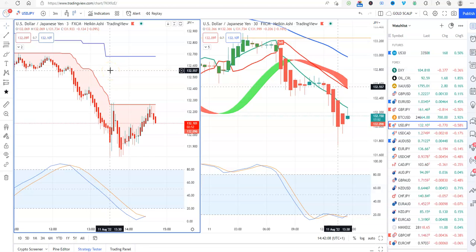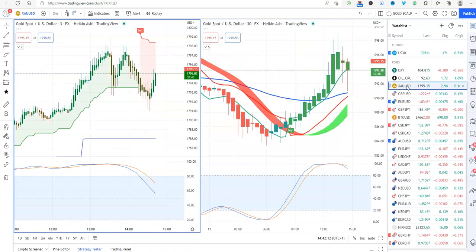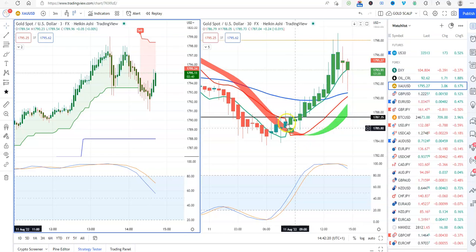Now let's have a look at gold, because this is really, really interesting. Couple of things happening on gold. First of all, there's a couple of important issues here with this morning. We had a buy here, but what do you spot that's not right? There's several things, but the one most important thing is the price is below the 50-day moving average.